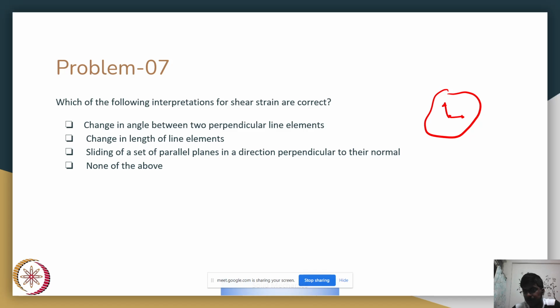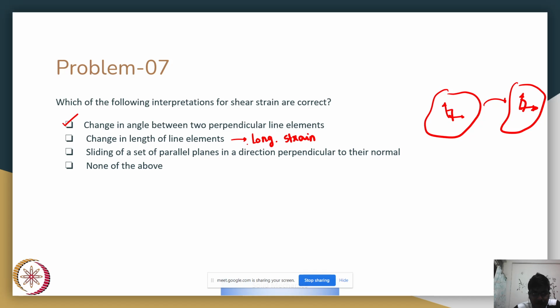This goes to something like this. This is perpendicular, this is not. Okay, it is not the change in length of line elements, because change in length of line elements is what? Longitudinal strain. Yes, this is longitudinal strain.